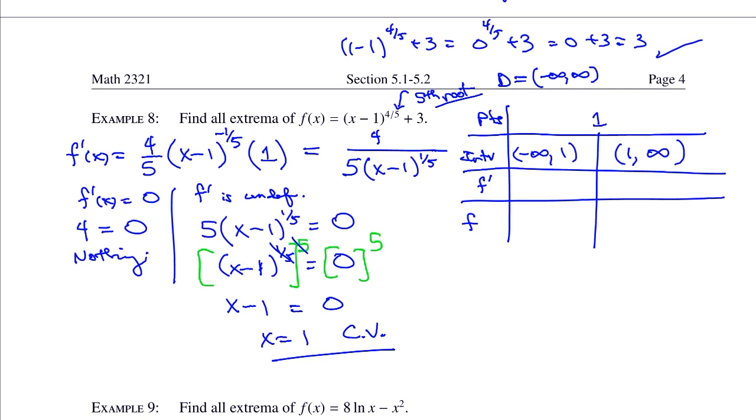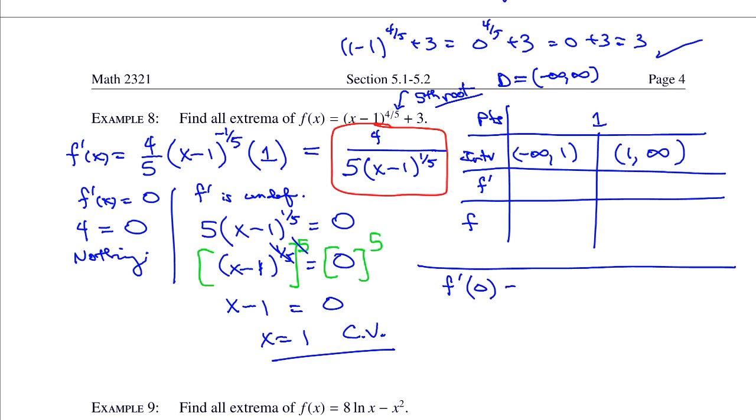And we need to test the derivative. I'm going to test it in this form right here. So f prime of 0 would be 4 over 5 times (0 minus 1) to the 1/5.